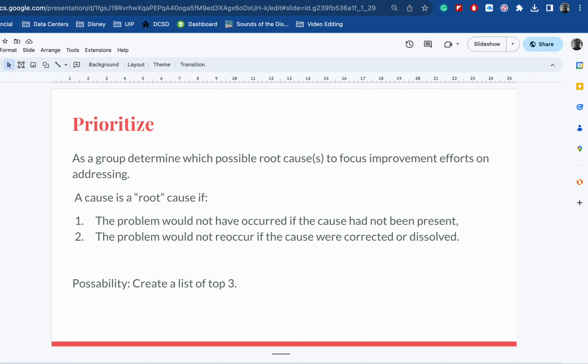But remind people that we're looking for root causes at this stage, and there are a couple of rules of thought with roots. They've got to really think it through: the problem wouldn't have occurred if the cause had not been present, or the problem would not have reoccurred if the cause were corrected or dissolved.